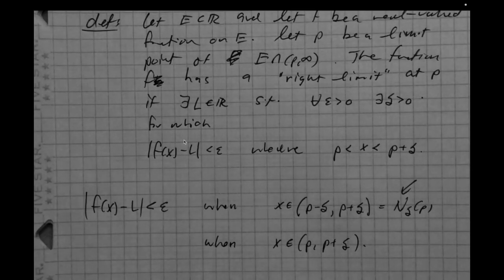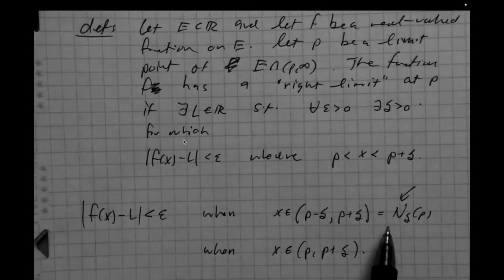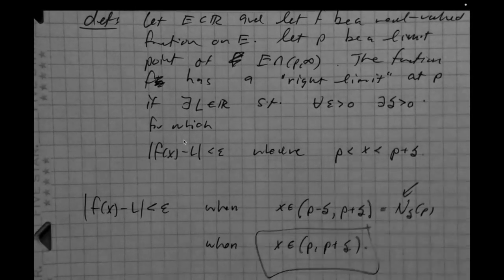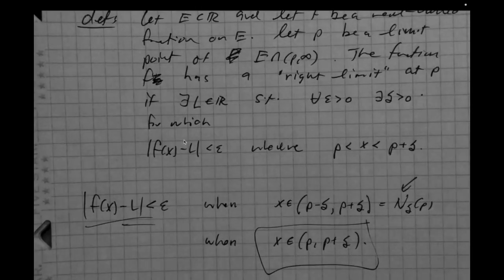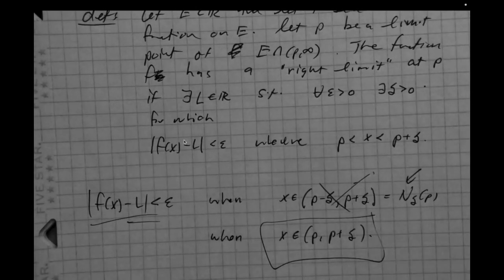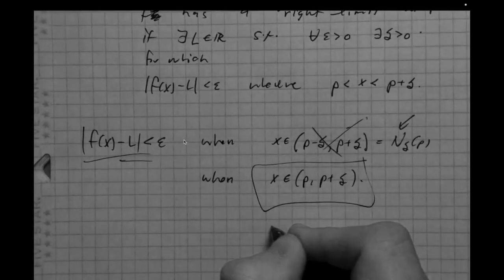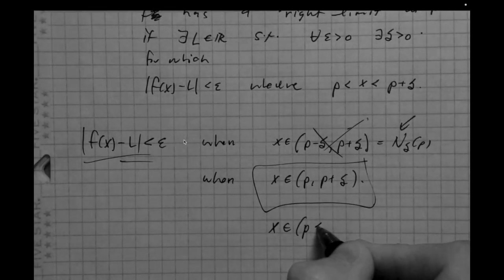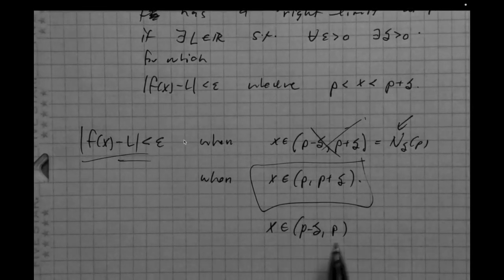Okay, and so obviously when we're trying to prove things regarding right or left hand limits, we will use this as our assumption on the x values that drive this inequality, instead of the overall one. And so left hand limit would just mean that x needs to be in P minus delta comma P, so in the left-hand side of the delta neighborhood.